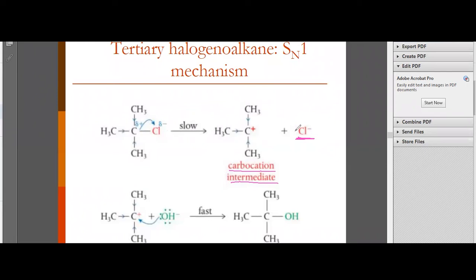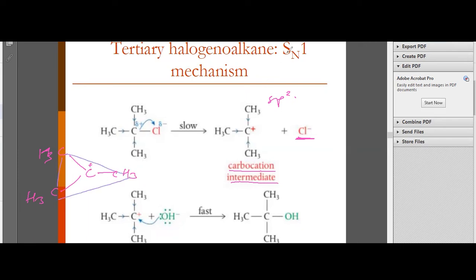You know that the positive carbocation has a planar structure, since it has only 3 bonds here. So this is an sp2 carbon, and sp2 carbon has a trigonal planar shape, right? You can imagine it like this. This is planar.